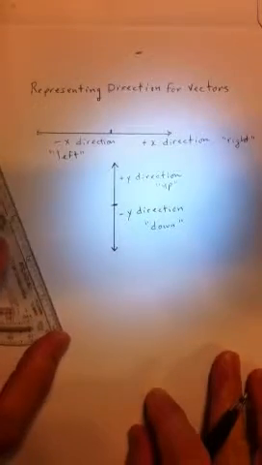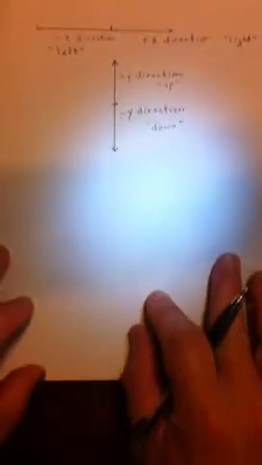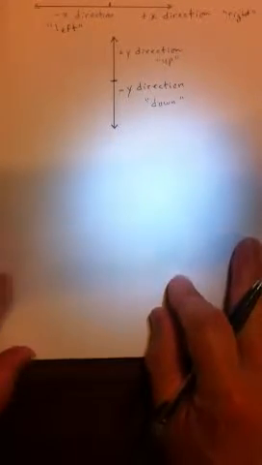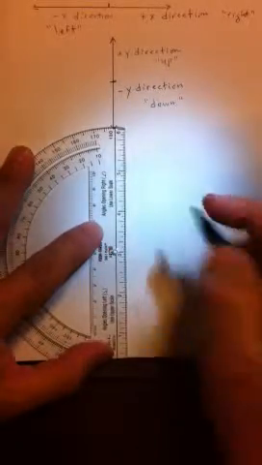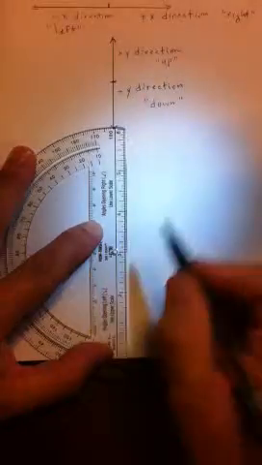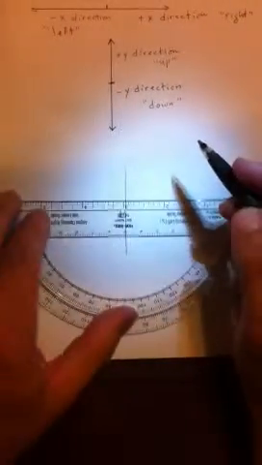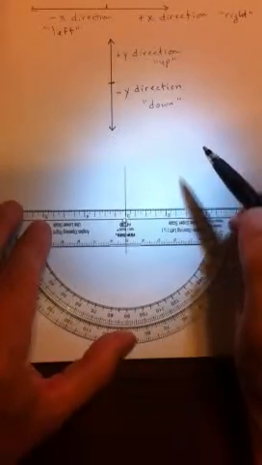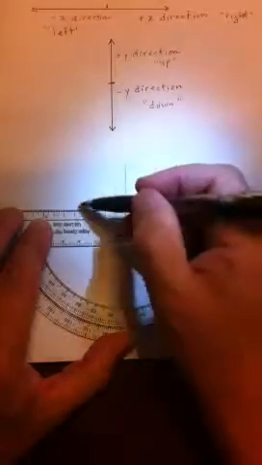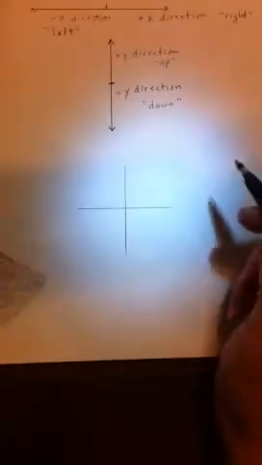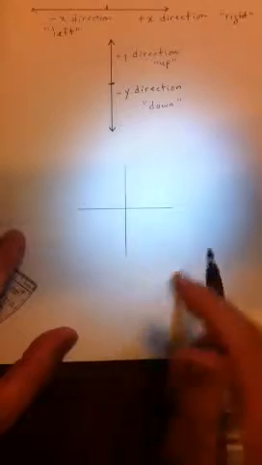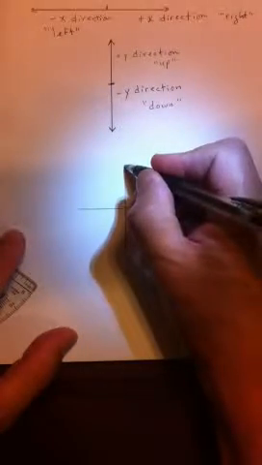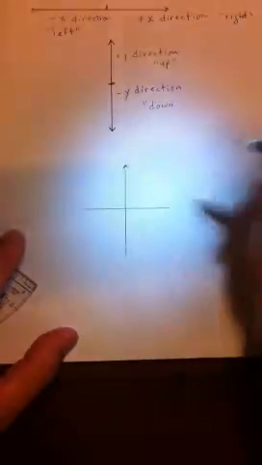Another way of representing vectors involves bearings, although this is not a method that we will likely use in this course. If a vector has a particular bearing, then its direction is noted by measuring the angle that the vector forms with the positive y-axis.